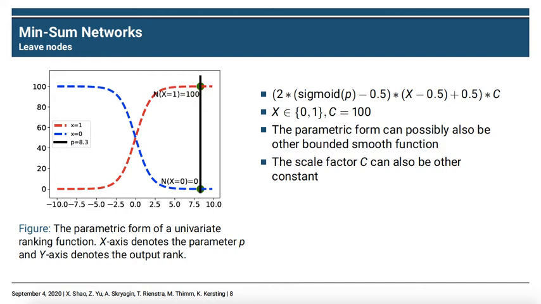So each p-value yields one distribution. For example, when p equals 8.3, the distribution gives rank 100 to event x equals 1 and rank 0 to event x equals 0.